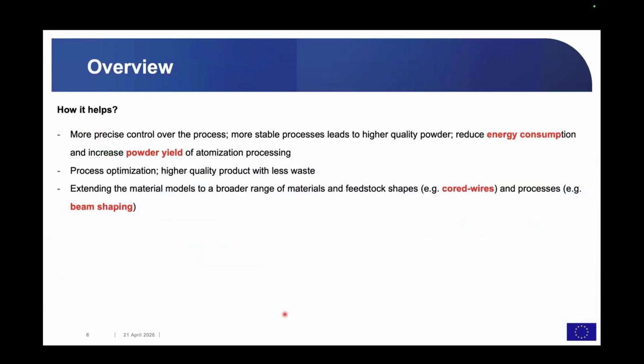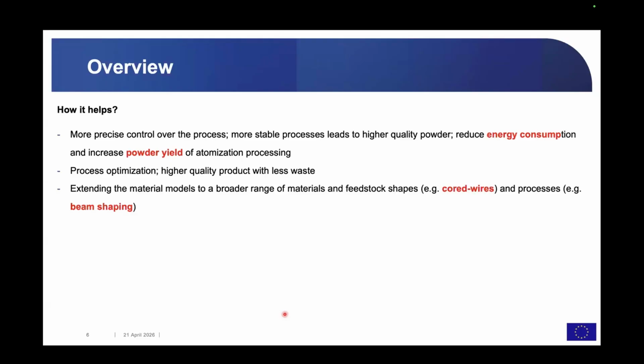And how does this help us? Of course, we saw that we need precise control over the processes, especially the feedstock processing, to have higher quality powder with reduced waste, to reduce energy consumption, and to get a better yield of these atomization processes.